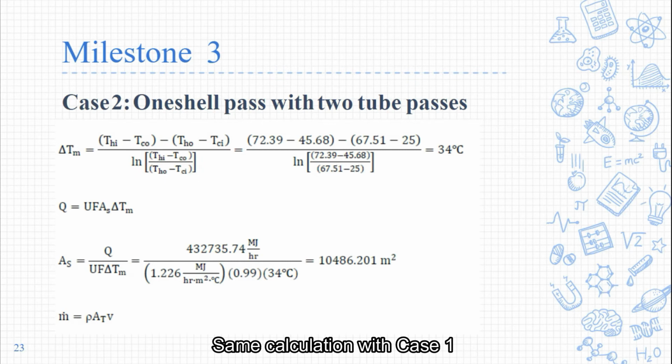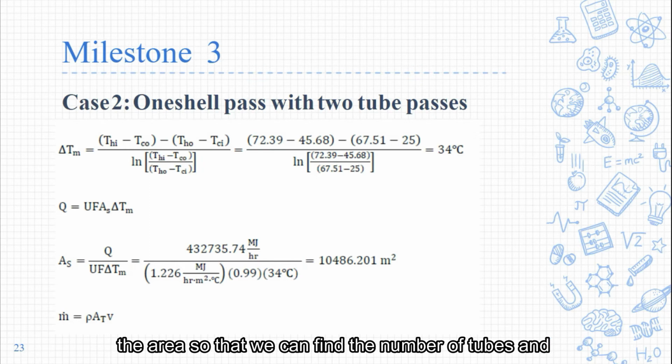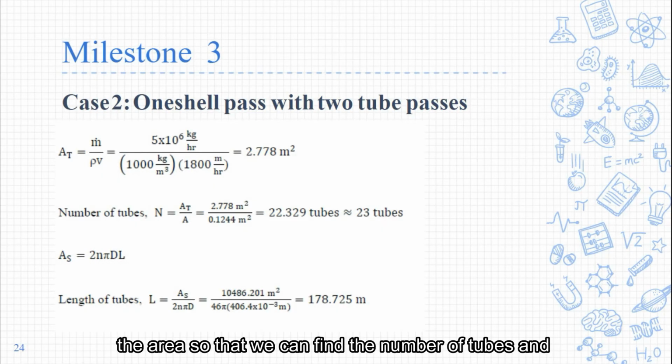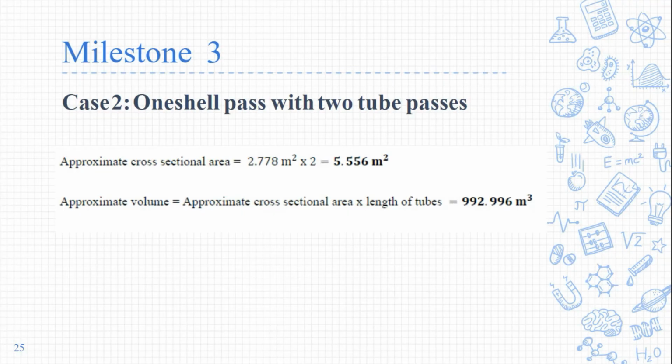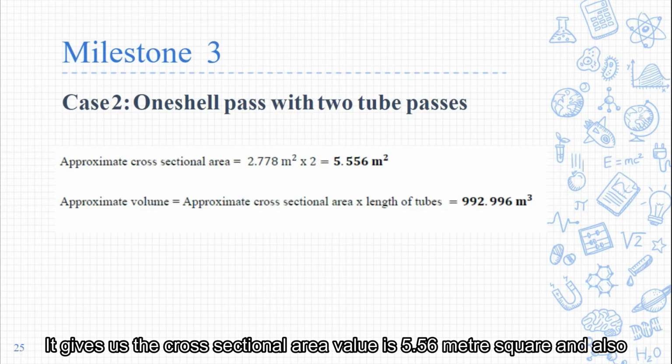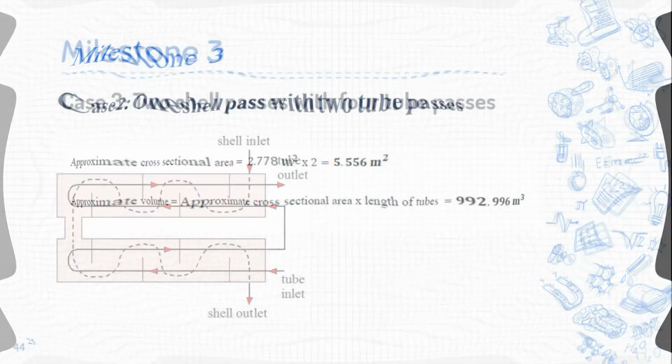So the same calculation as case 1, where we determine the log mean temperature difference and the area, so that we can find the number of tubes and the length of tubes, and it gives us a cross-sectional area value of 5.56 meter square, and also the volume is 992 meter cube for 1 shell pass with 2 tube passes.